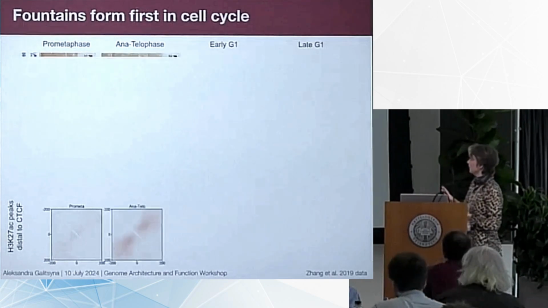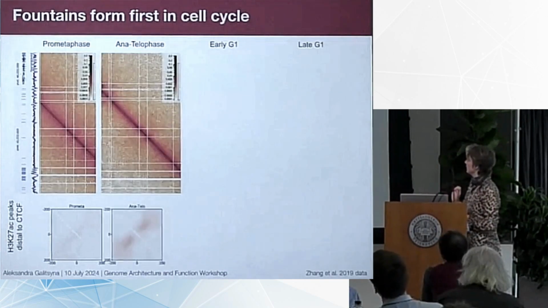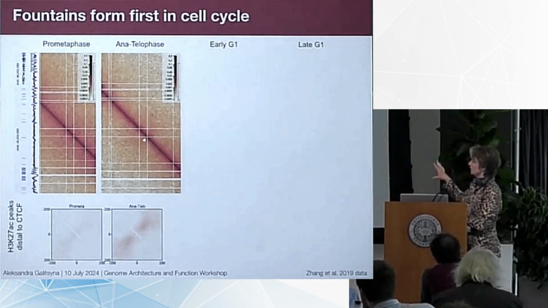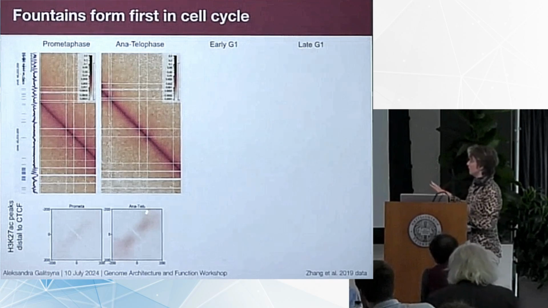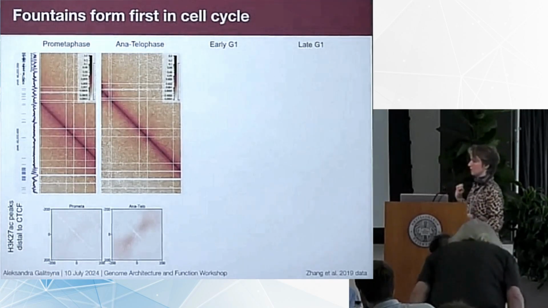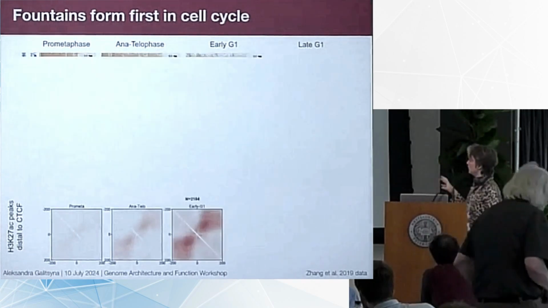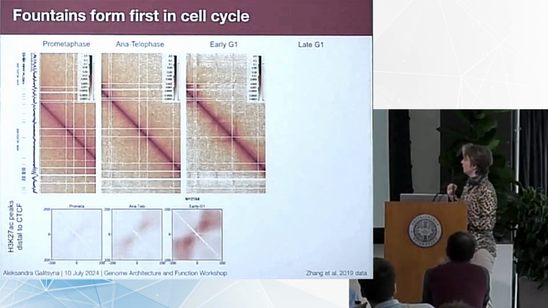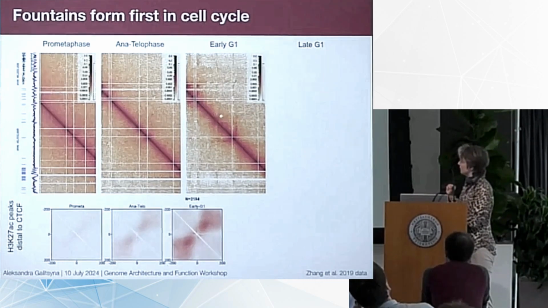But then, as early as at anaphase-telophase, you can see that there is formation of some structures, and the contrast here is not enough to see that on the slides, but if you do the pileup, you can already see this emergence of the structures around enhancers. And it becomes more and more pronounced with the progression into G1. And now you can see there are several structures like that.